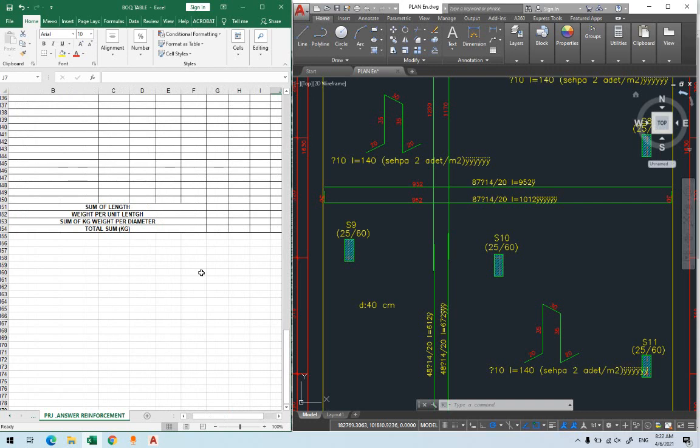So first we calculate the length, then we have something we call weight per unit length. Each steel bar size has a different weight per unit length. Let's say that it's 14 millimeter, and the weight of it is 0.8 kilogram per meter length. Then you multiply the length by that one, and you get the total weight per diameter.